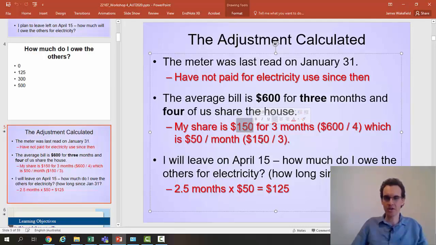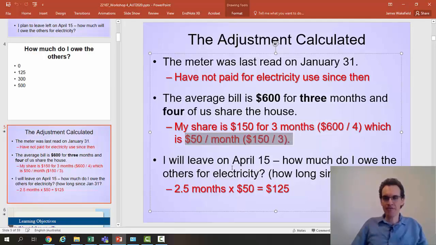Now remember, I told you the maths in this subject is never going to be very difficult. So if the average share of the electricity bill for each of the housemates is $150 per quarter, then of course that's $50 a month. The quarter, which is 3 months, divided by 3 months, is $50 per month.